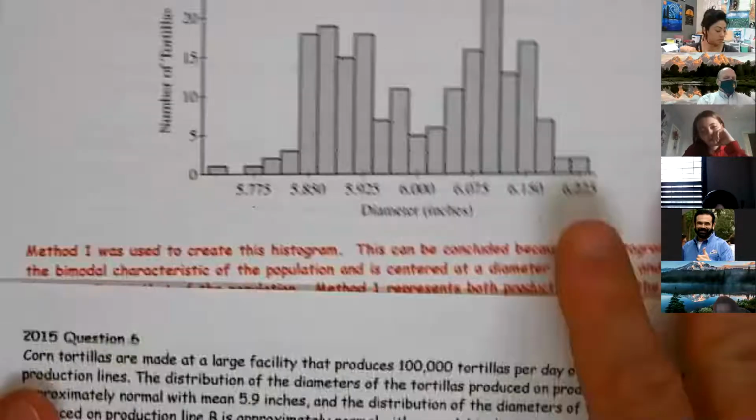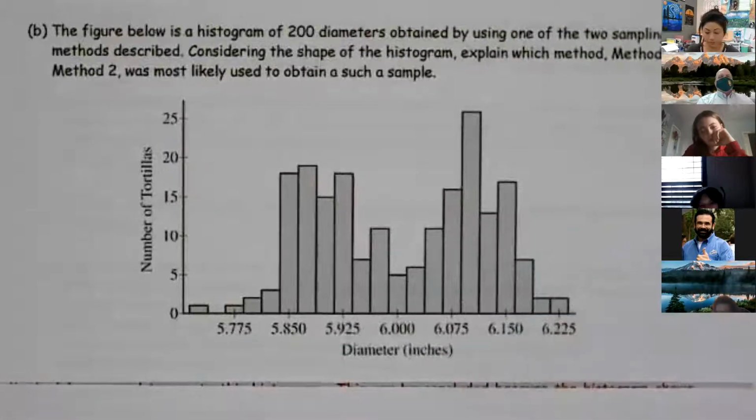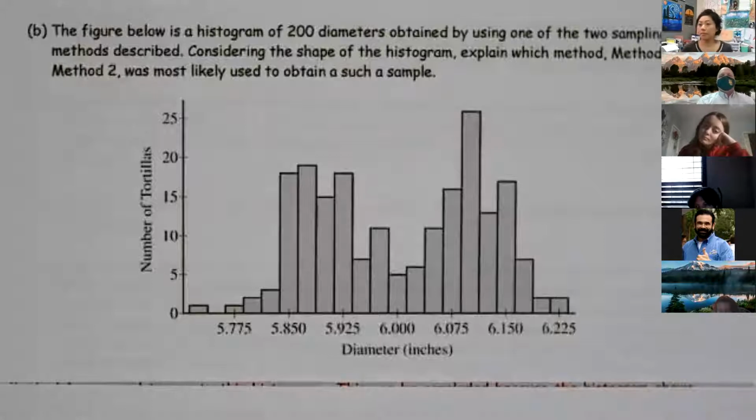Part B. The figure below is a histogram of 200 diameters obtained by using one of the 2 sampling methods described. Consider the shape of the histogram and explain which method, method 1 or method 2, was likely used.